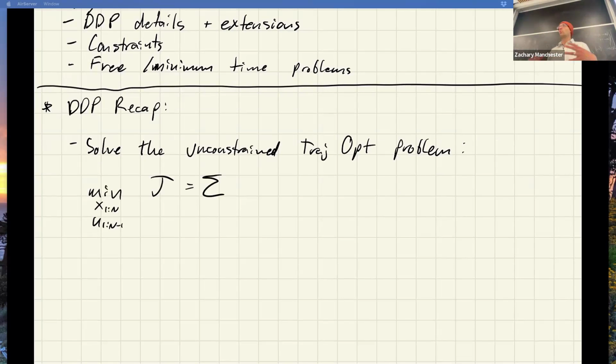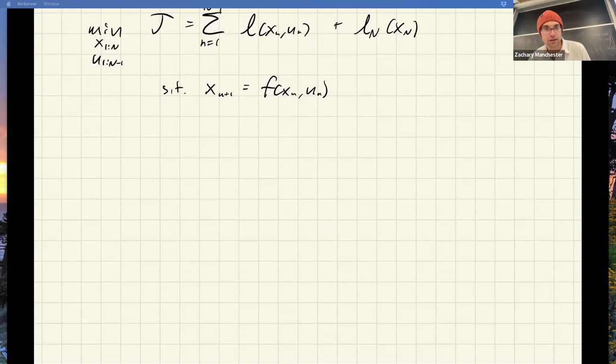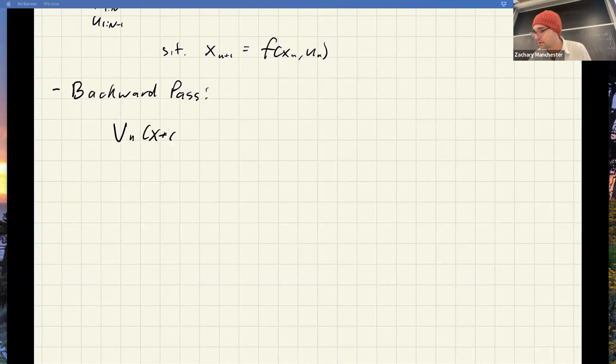And the way the algorithm works, you have a backward pass that looks like a slightly generalized version of the Riccati recursion we know from LQR. We start with our value function, and we Taylor expand it to second order in delta x. We've got our V of x, our gradient term, and our Hessian term.